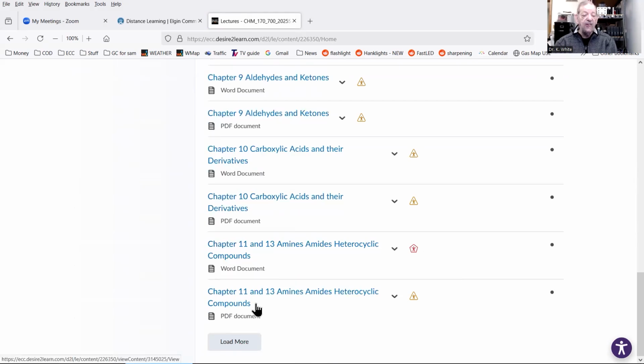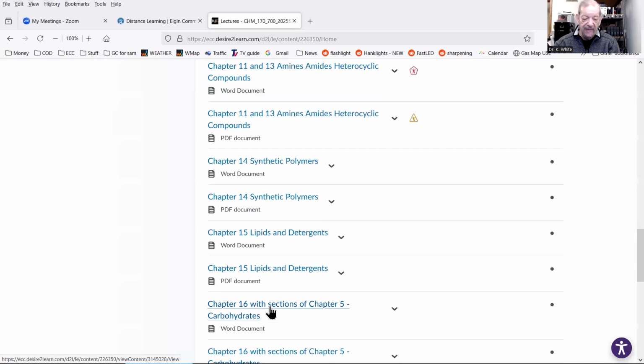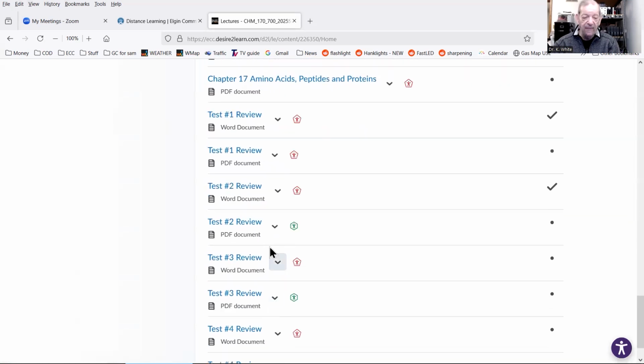And see at the very bottom, there's a button that says load more. You have to do that. Click on that. And as you scroll down, you'll see test 2 review, both as a Word document and a PDF file. And this is the file I'll be going through for tonight's review. Again, you probably will have to click on load more, like I just did, to see these files.